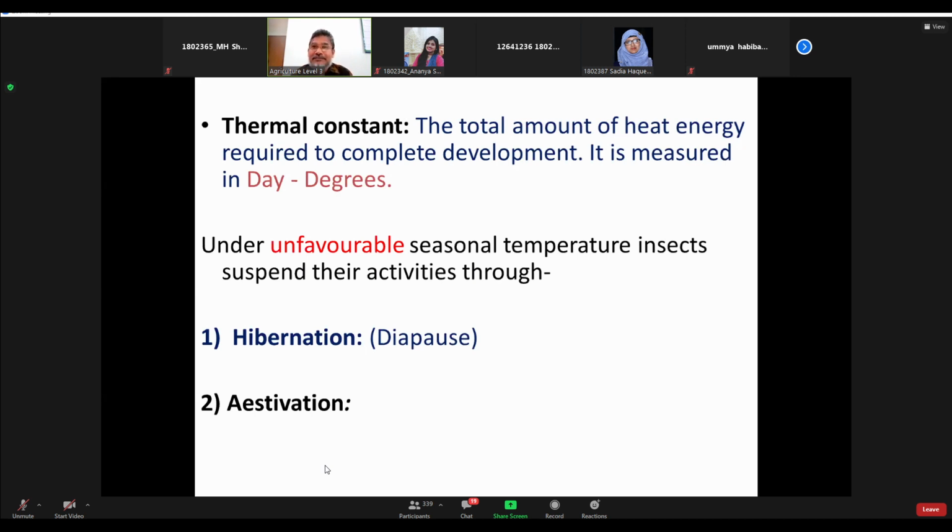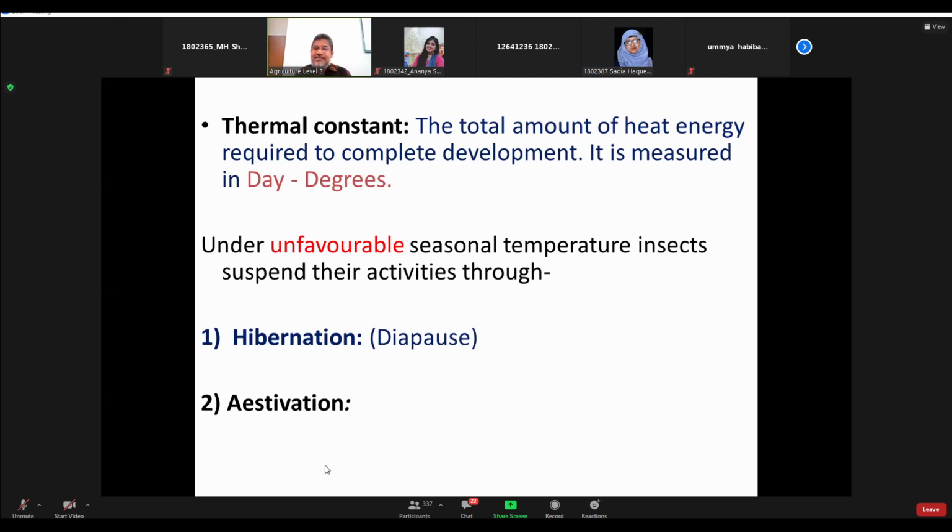Then why is it happening? It is the total amount of heat it needs. When it is kept at a temperature of 10 degrees, if you leave it for 30 days, think how much heat it is getting in 30 days.